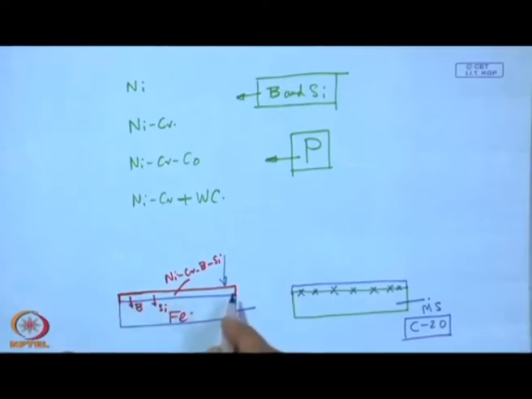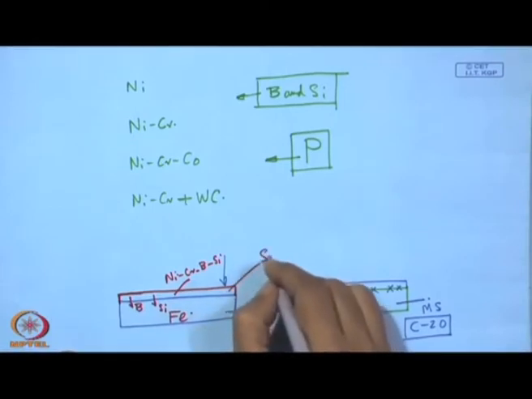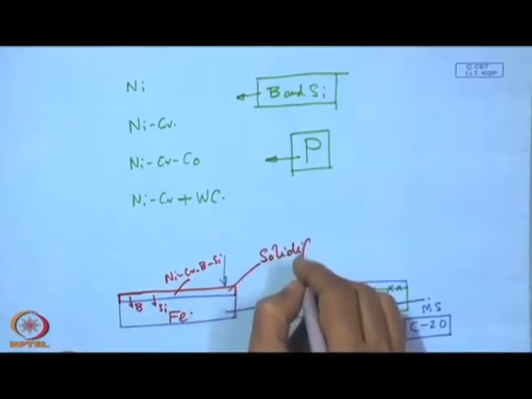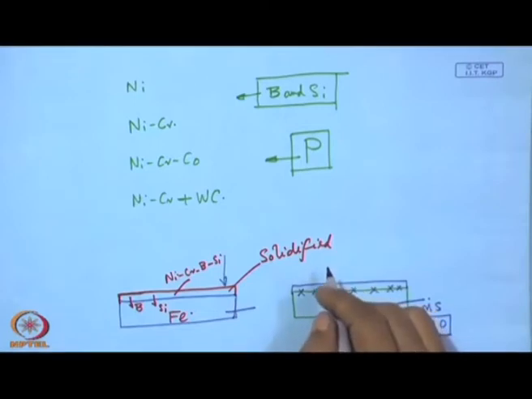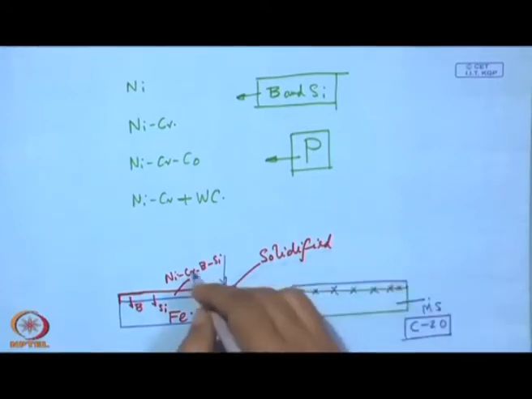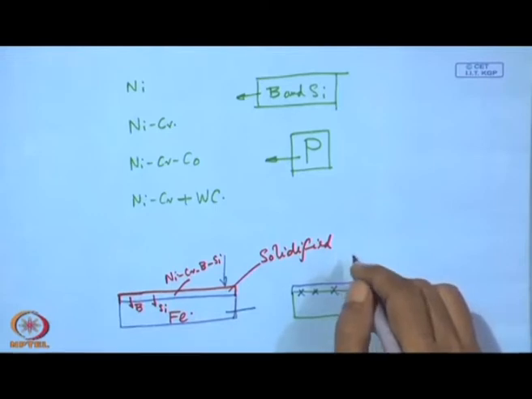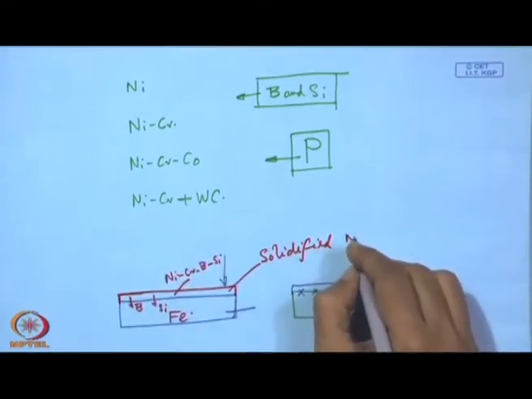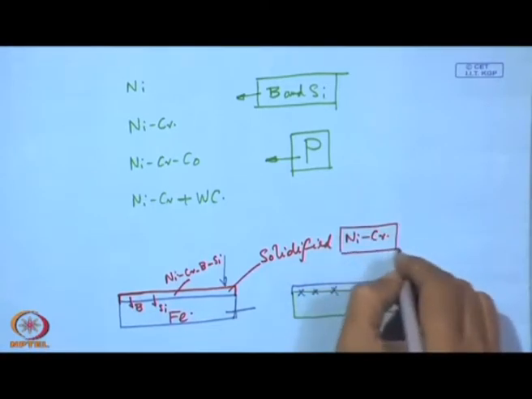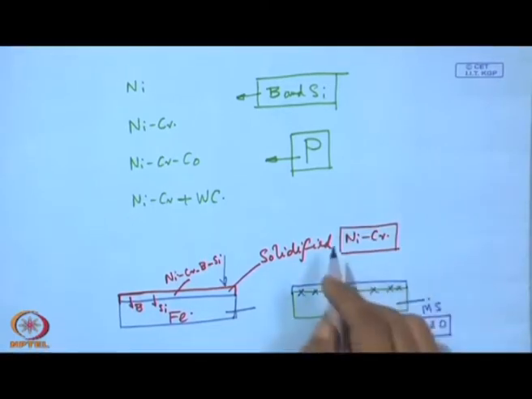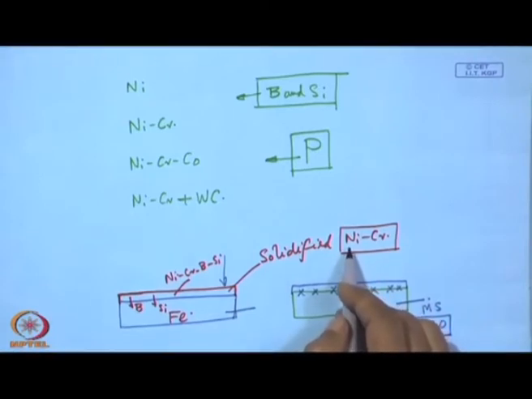So, when ultimately we get a solidified layer which is melted and solidified, the top layer is not at all nickel, chromium, boron, silicon, it is just nickel and chromium. So, what does that mean? It means its melting point or solidus point is not the same as that of the starting material.